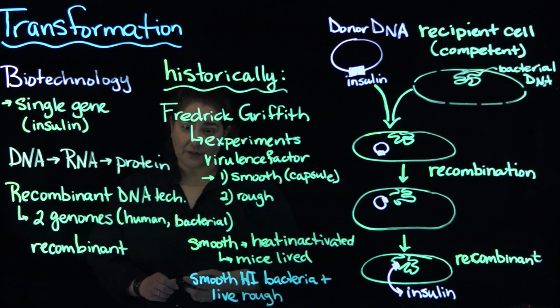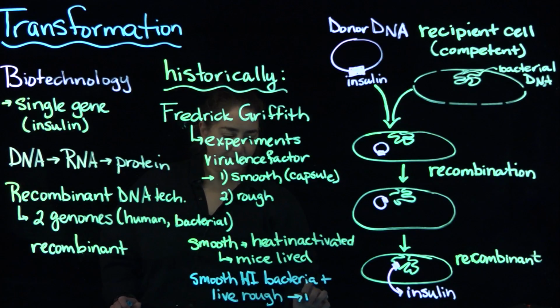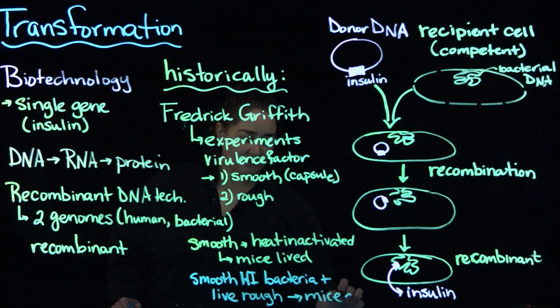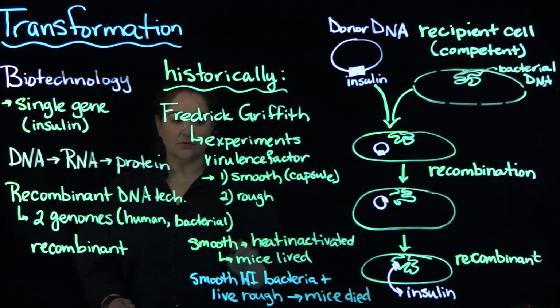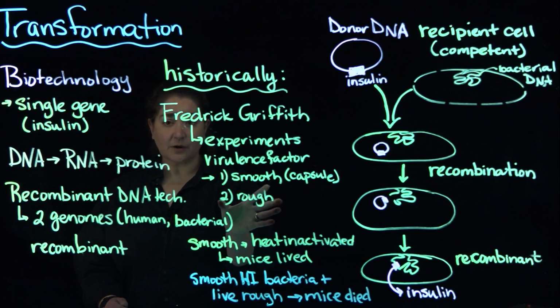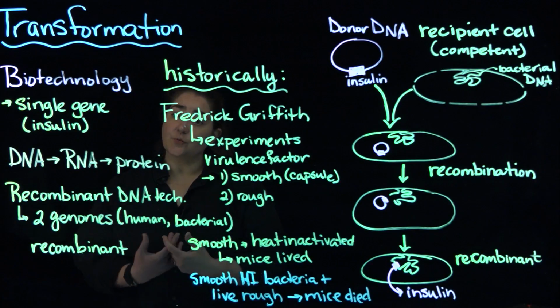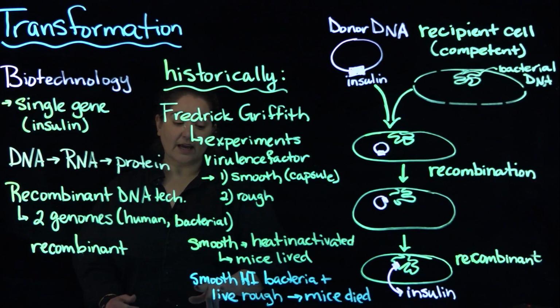And what happened was the mice died, okay? So we knew from his experiments that just the rough bacteria wouldn't be lethal for the mice. The heat inactivated smooth bacteria wasn't enough to kill the mice. But you put them together, what happens?